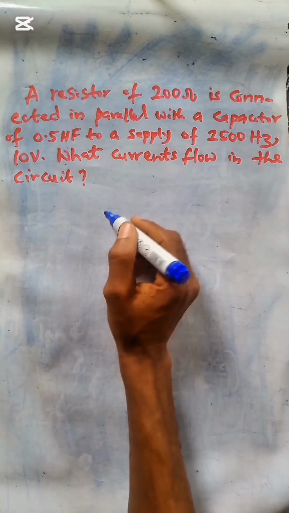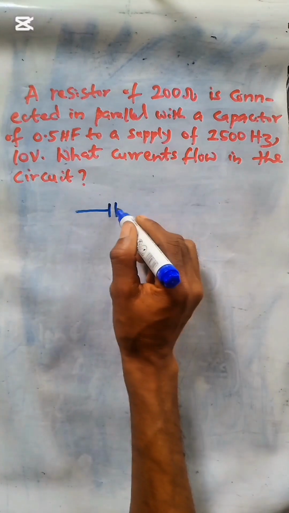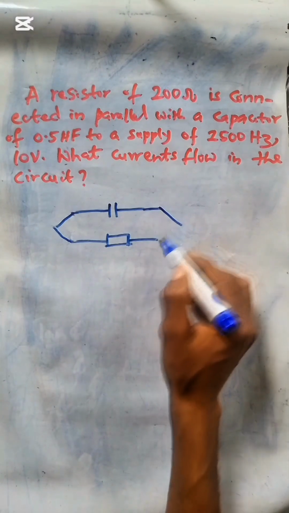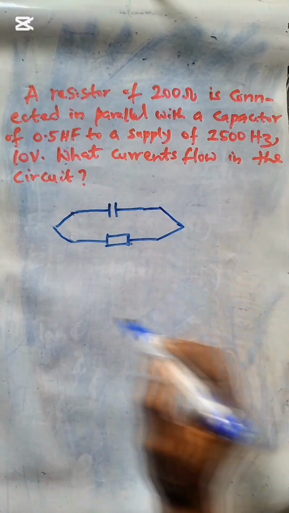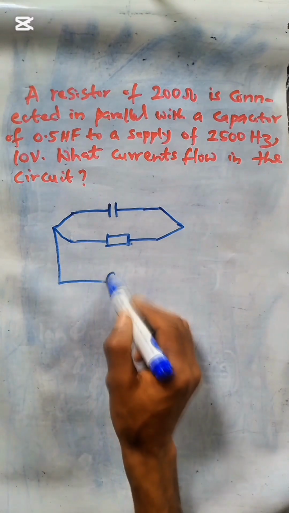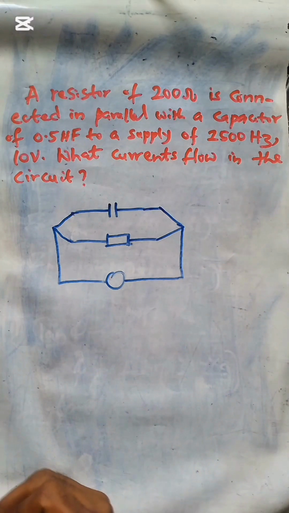We have our capacitor there. Let's connect it this way, connected in parallel to a voltage source. Good.